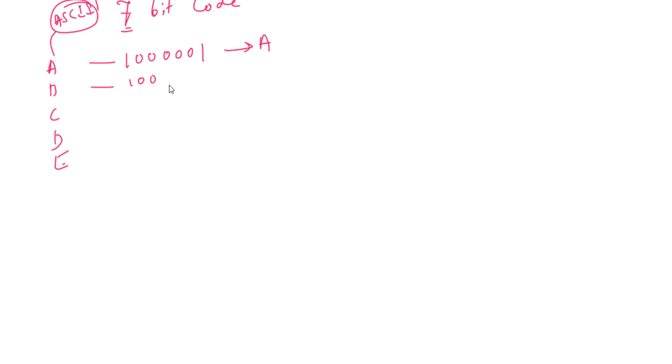This is for B. What it means is, if you type A, the system understands that this is the representation you are giving to the system. If you type B, it understands that this is the code you are giving, because it cannot understand A, B, C directly. It will understand only binary numbers, right?